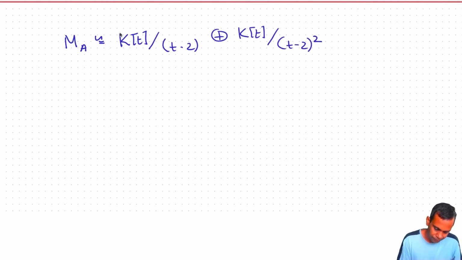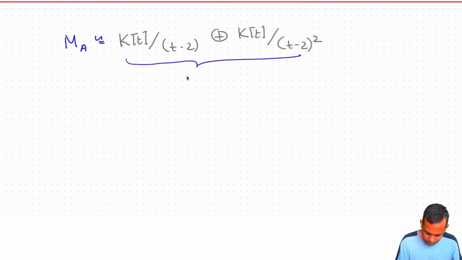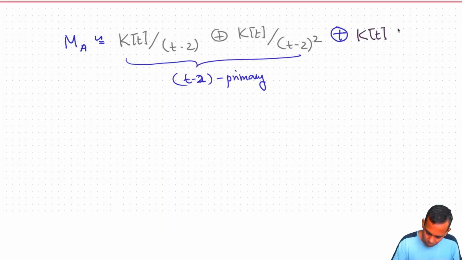So we have kt mod t minus 2 plus kt mod t minus 2 squared, and this part is the t minus 2 primary part, and then we have another factor here which is kt mod t minus 3, and this is the t minus 3 primary part.